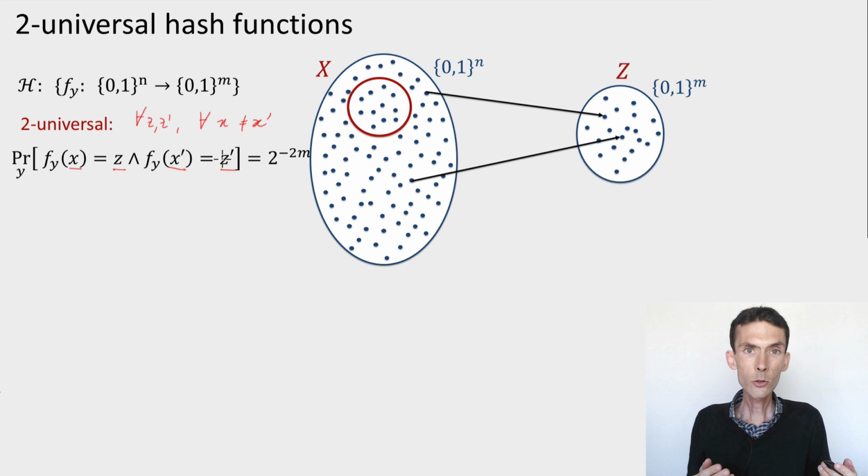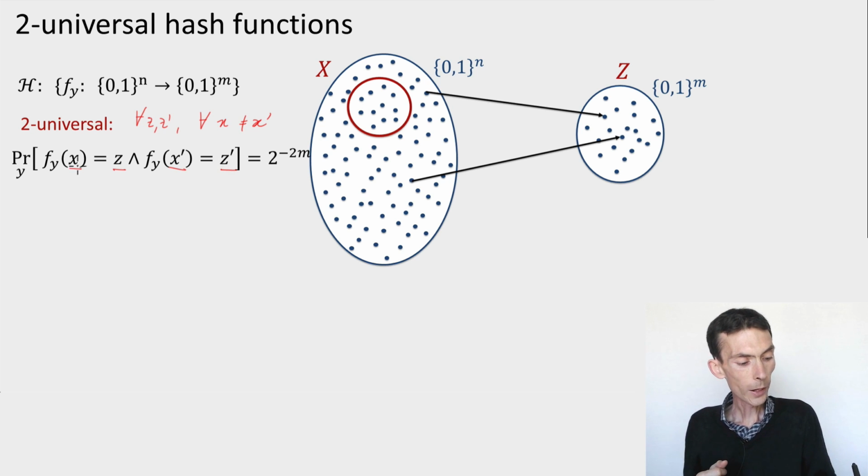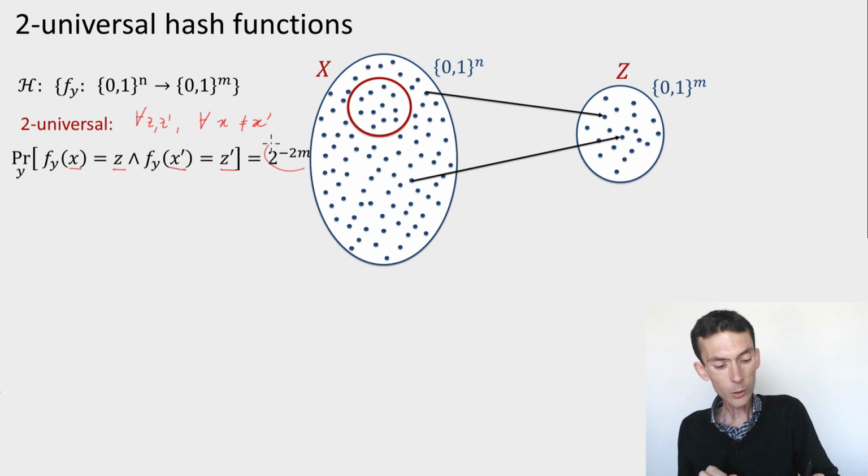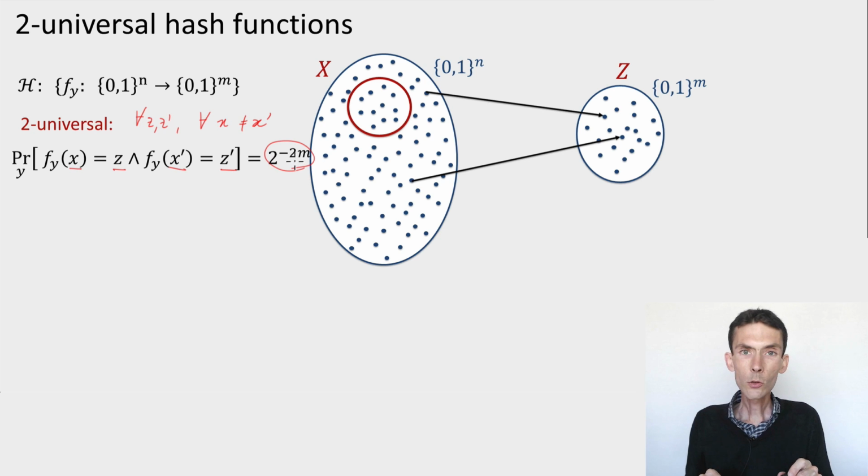I'm simultaneously looking at the value of the function on two different points. Then this probability should be the same as if we had chosen completely uniformly random strings, z and z prime, so it should be equal to 2 to the minus 2m. So that's the definition of a two universal family of hash functions.